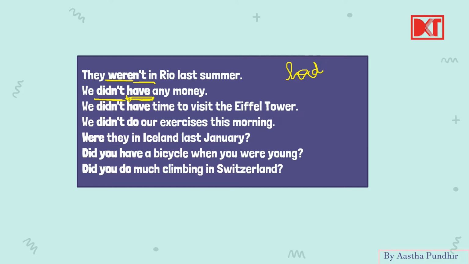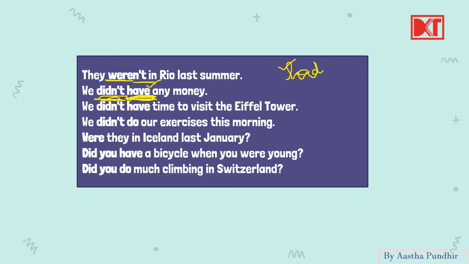Did not के साथ हम infinitive form use करते हैं, the original form. Had नहीं use करेंगे. Had तब use करते जब हम बोलते without didn't. जैसे we had money. अगर didn't नहीं होता तब हम had use करते. अभी didn't है तो हम have use करेंगे.